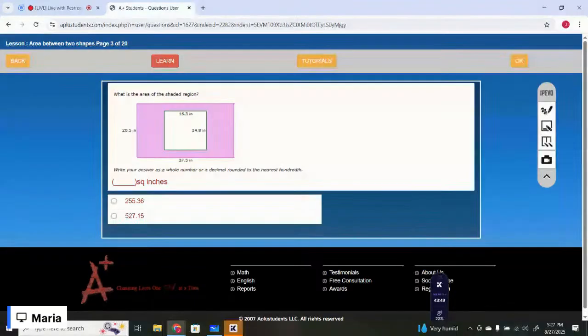Okay, the next one: what is the area of the shaded region?